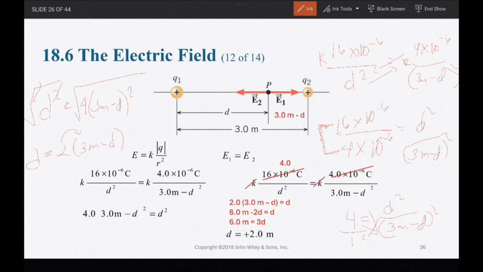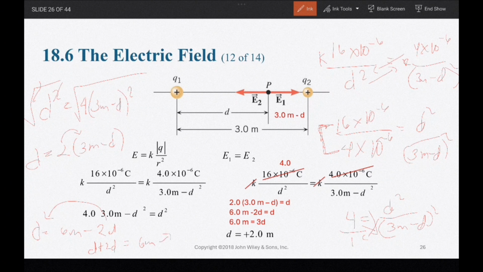So, 2 times 3 will be 6 meters. And then we got here the 2d. So, we transfer the 2d here. So, d plus 2d is equal to 6 meters.